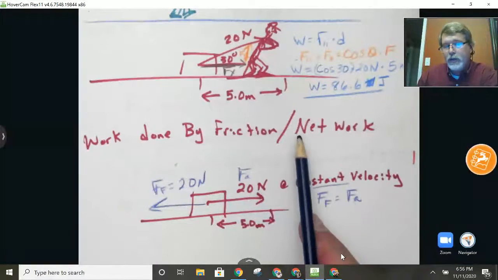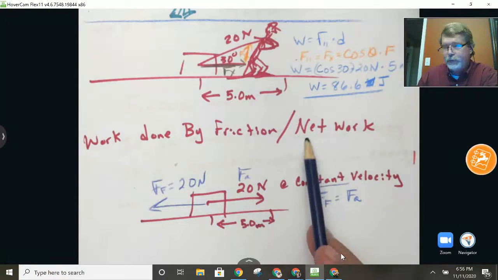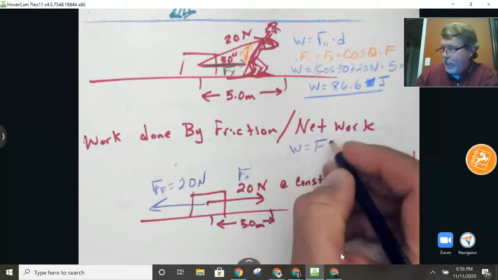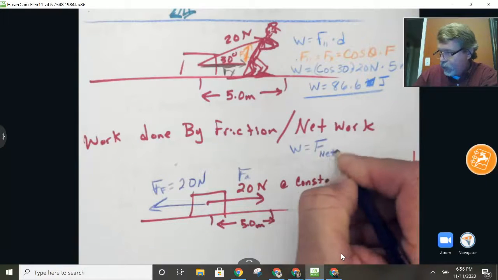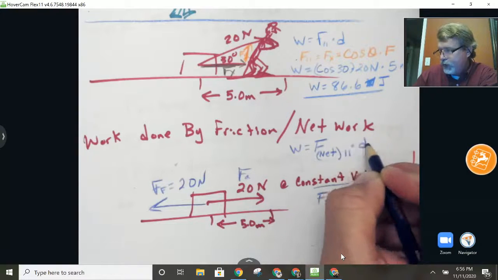So what's the net work done on this box to move it 5? So you remember, net work is the net force. So work equals the net force that's parallel to the displacement.